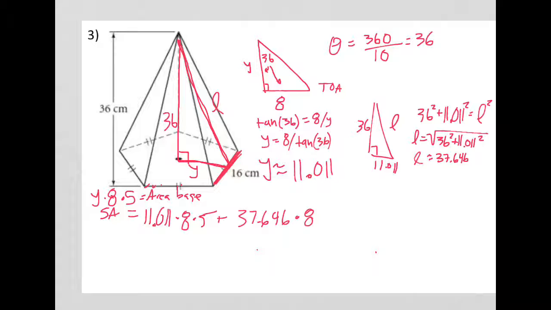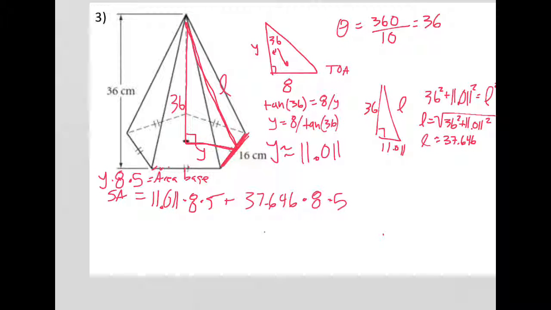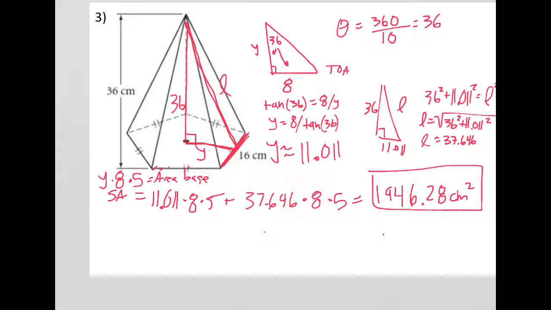And there are 5 faces, again, since it is a pentagonal pyramid. So that calculation there should get us our surface area, which is roughly 1,946.28 centimeters squared. So kind of messy, couple different unknown values you needed to calculate, but totally doable, totally within your reach.